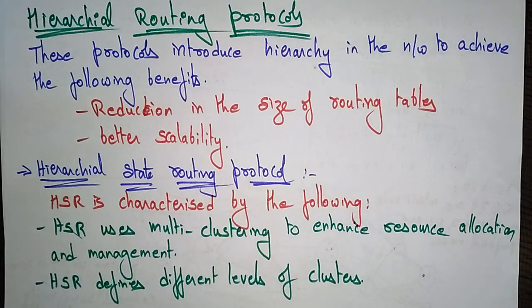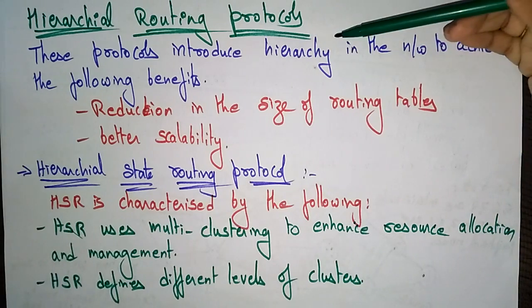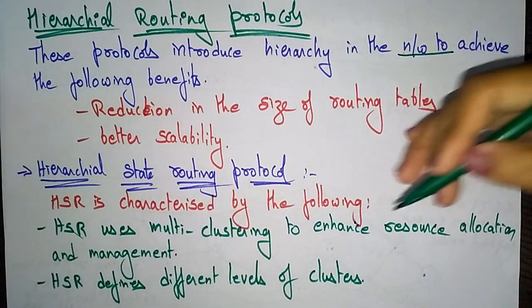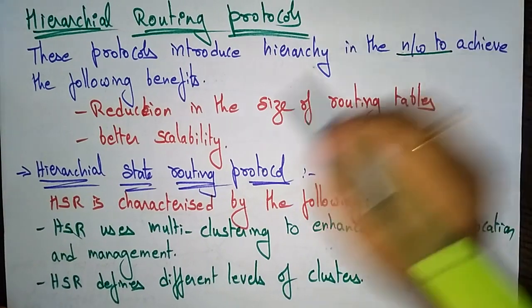These protocols introduce hierarchy in the network to achieve the following benefits. The name itself says it follows the hierarchical structure, and the network will be arranged in hierarchical form. So what are the benefits?